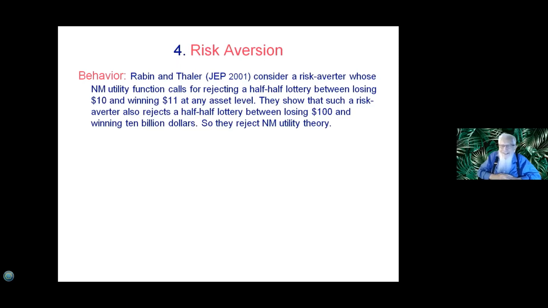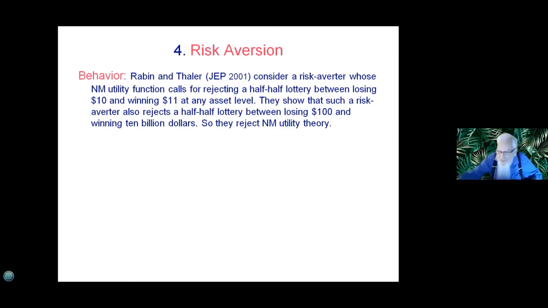They do a mathematical calculation that shows that such a risk averter also rejects a half-half lottery between losing $100 and winning $10 billion. In fact, I think the NM utility function is bounded. So they reject the von Neumann-Morgenstern utility theory.